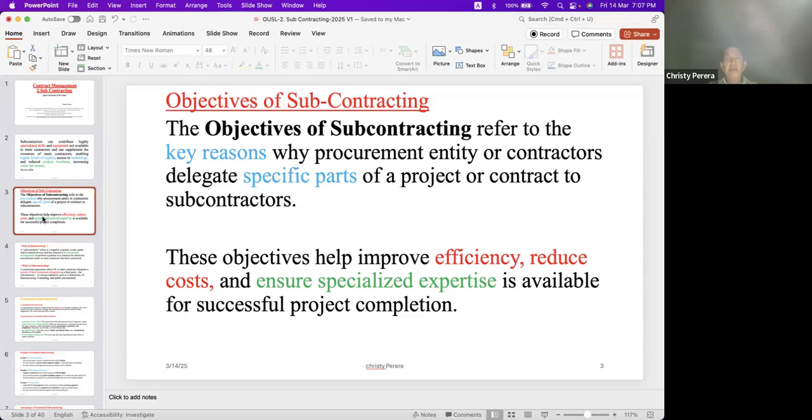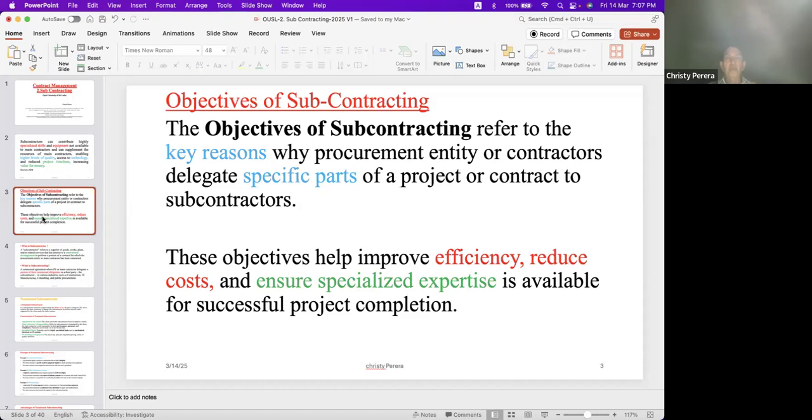As I explained, sometimes they will give. And these objectives help improve efficiency, reduce cost, and ensure specialized expertise is available for successful project completion. We hope, right?